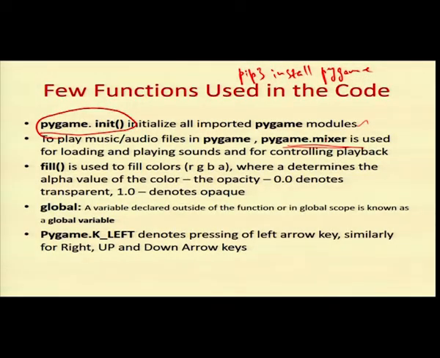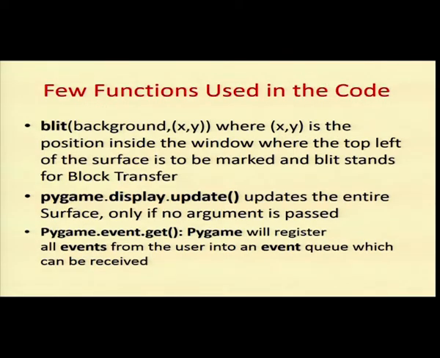For which I am supposed to use pygame.mixer. What is this pygame.mixer? It is used to play music and audio files in Pygame. The pygame.mixer is used for loading and playing sounds, and it also controls the playback.